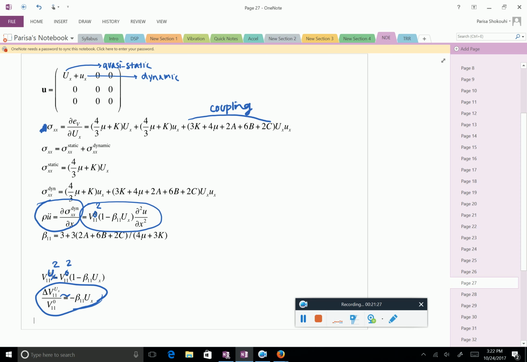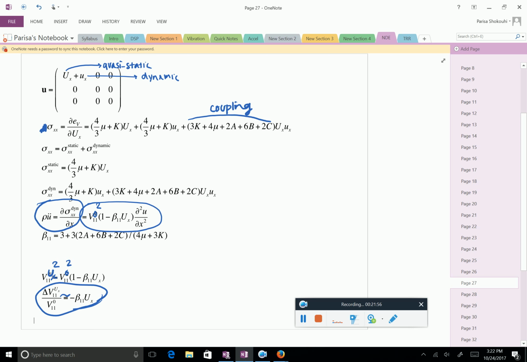So the bottom line is if you apply a stress in one direction and you have wave velocity, the change in wave velocity is linear with respect to the strain that you're applying. So if you apply a strain, you expect the velocity to increase or decrease linearly.